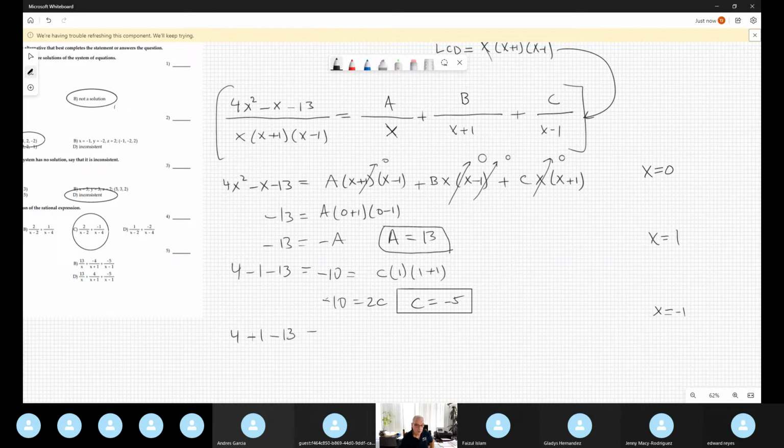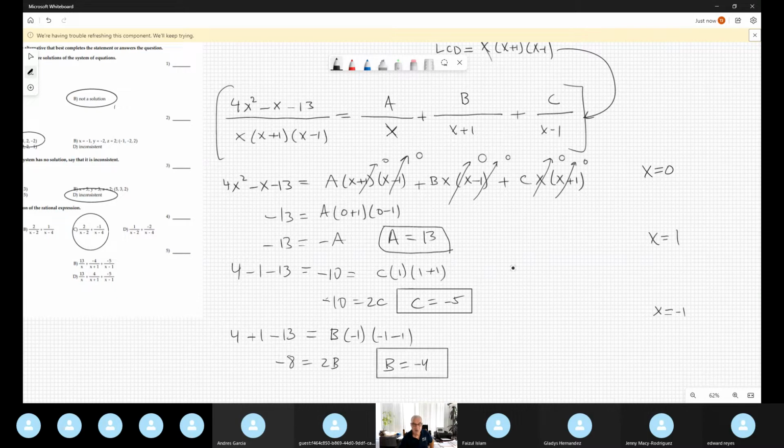Equal to b, because a is gone, c is gone because negative 1 plus 1 is 0, and b stays alive with negative 1 and negative 1 minus 1, which is negative 2. So we have here 5, this is negative 8, equal to b times negative 1 times negative 2, which is positive 2. Divided by 2 both sides, b is negative 4.